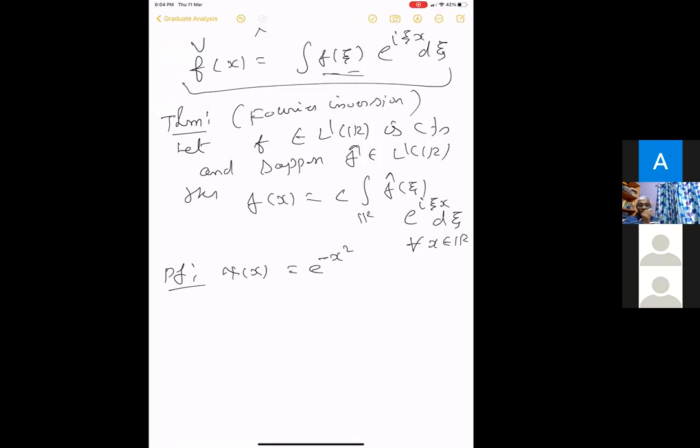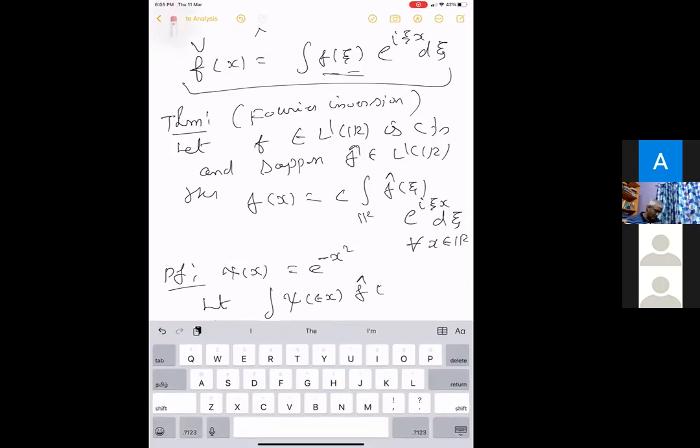Or you can take any other function also, that doesn't matter. Then I want to prove the following.